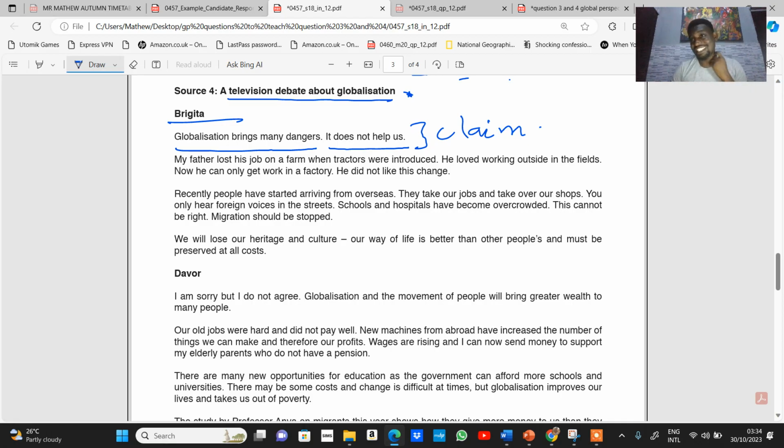You find out that all her argument will be based on this claim. This is what she's trying to prove. Now, my father lost his job on a farm when tractors were introduced. Since she has spoken about her father losing a job, that is evidence, but since she's talking about her father, it is also showing her personal interest.